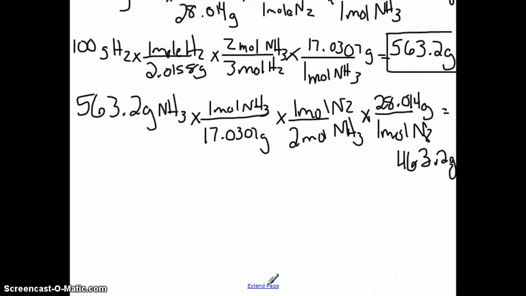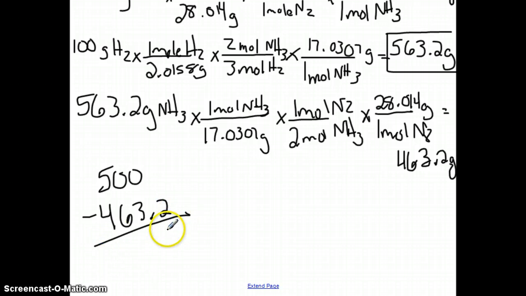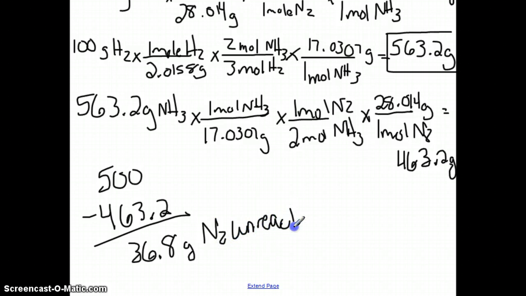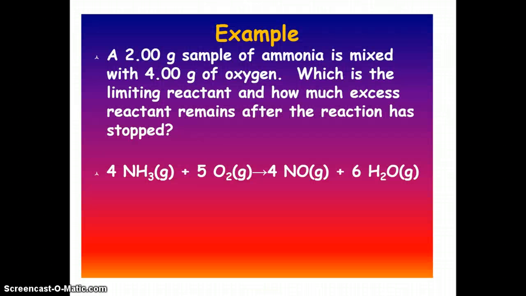That's how much N2 we used. But we know that we started with 500 grams. So this is what we started with, and then we just calculated what we used. Subtract the two and it tells you how much is left over. We had 36.8 grams left over, or unreacted.